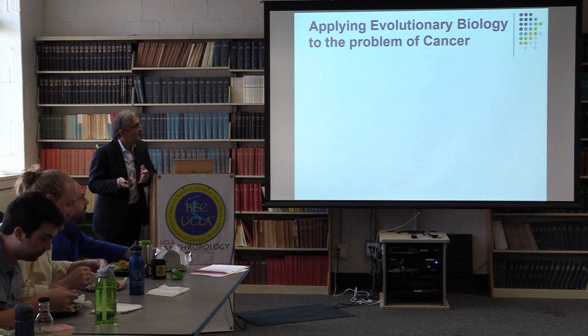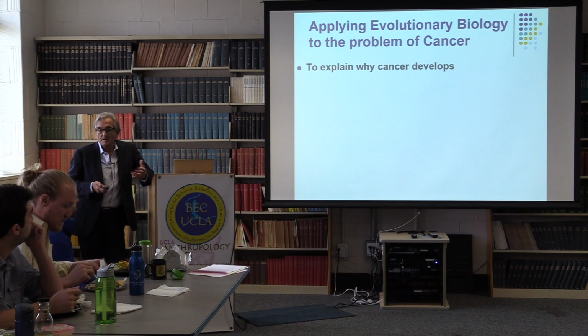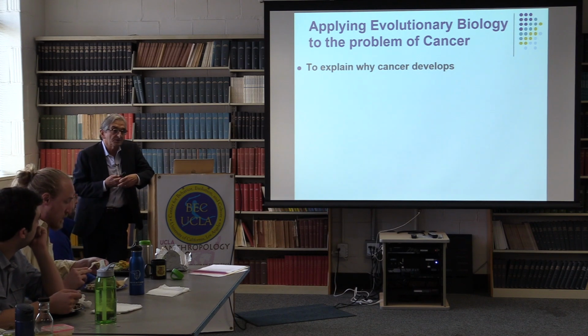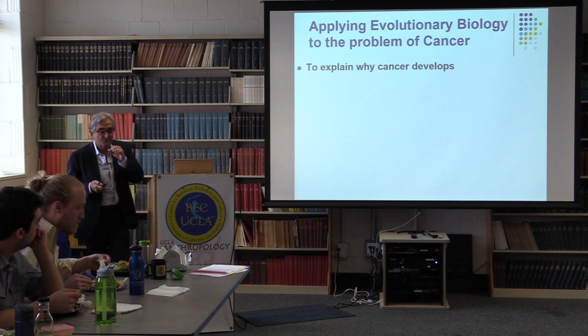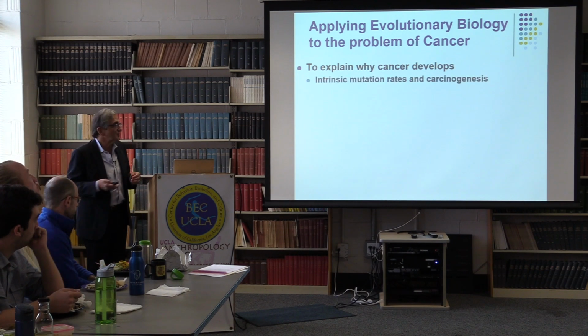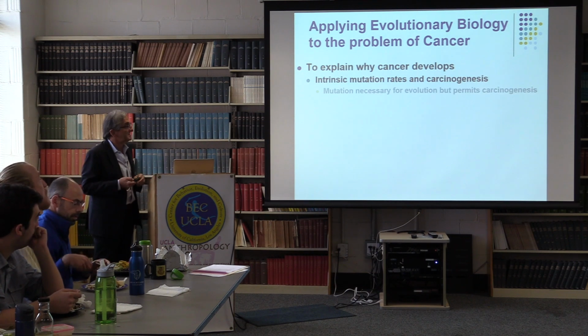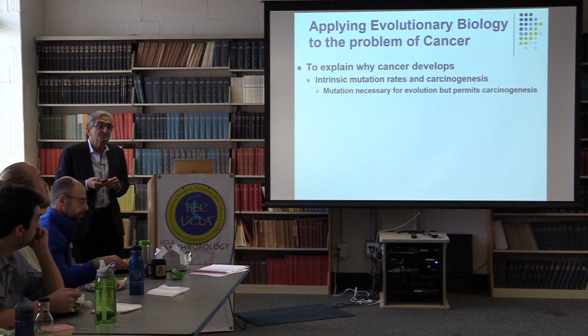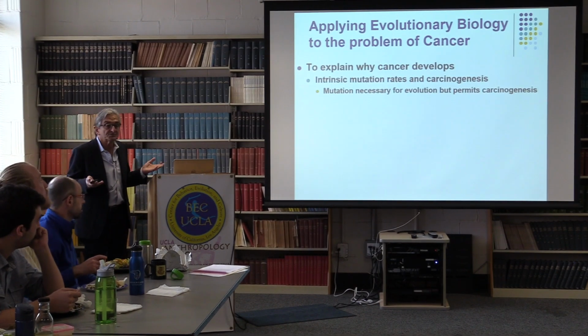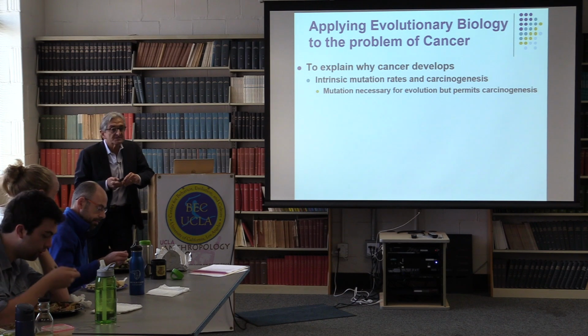So in terms of applying evolutionary biology to the problem of cancer, I think the most common way in which it has been used, as I'm sure you know, is to explain why cancer develops in the first place. We know that there's an intrinsic mutation rate which is behind the development of carcinogenesis because, of course, mutations are necessary for evolution in the first place. Without them, there would be no evolution, no diversity.